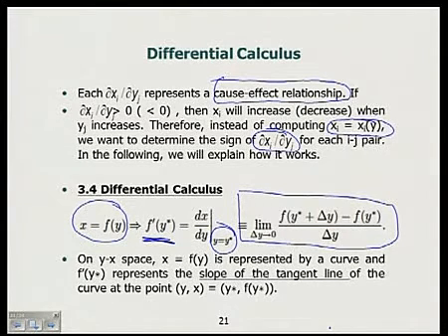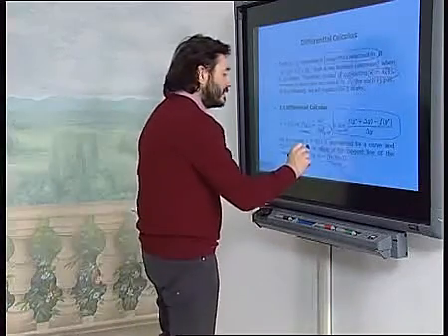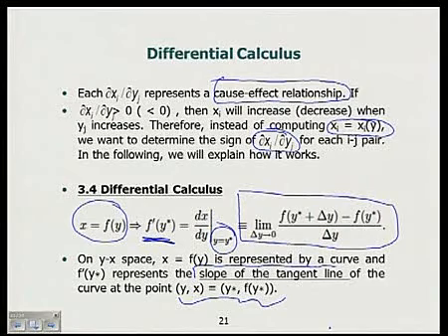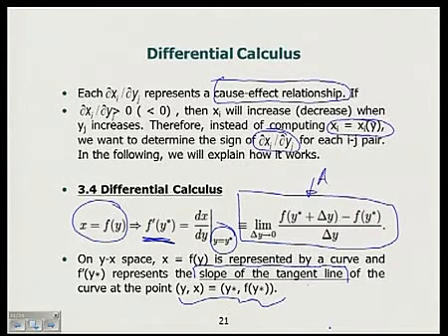In the y-x space, x as a function of y is represented by a curve, and f prime of y star represents the slope of the tangent line of the curve at the point y equal to y star, x equal to f of y star. This is the definition. Geometric definition and algebraic definition. This is algebraic and this is geometric, the definition of the derivative of a function.